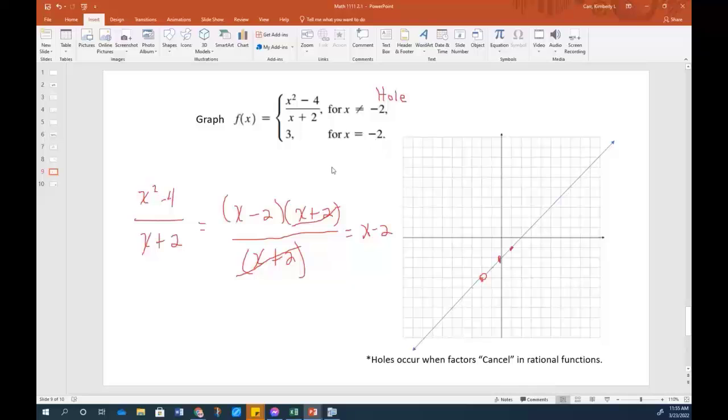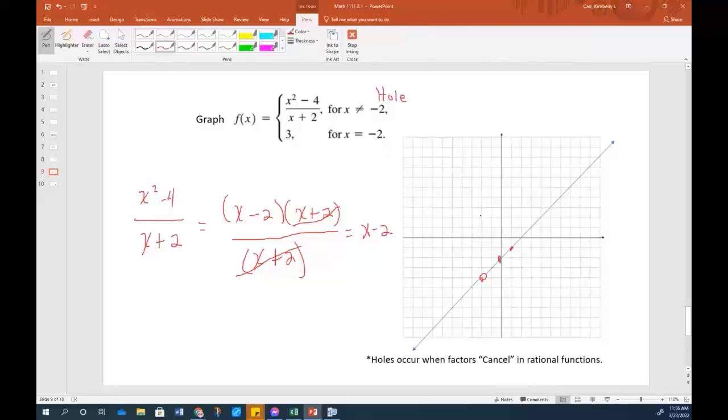Where x is -2, we should get a value of 3. -2, 1, 2, 3. And so we should have a steady point there. Now again, you are going to be identifying the correct graph or trying to fill in these parts of it from your online homework.